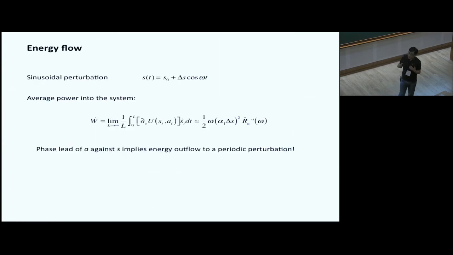So suppose you have some kind of free energy that describes the coupling between your signal and this observable that reflects the internal state of the cell. Then you can consider the energy exchange between the cell and this environmental variable for the particular case of a periodic perturbation.